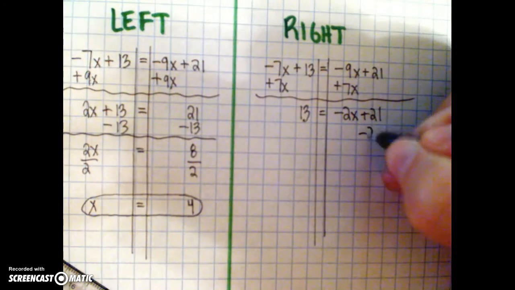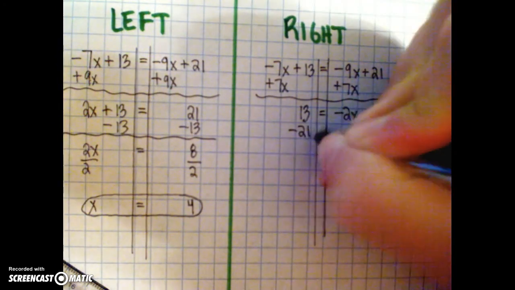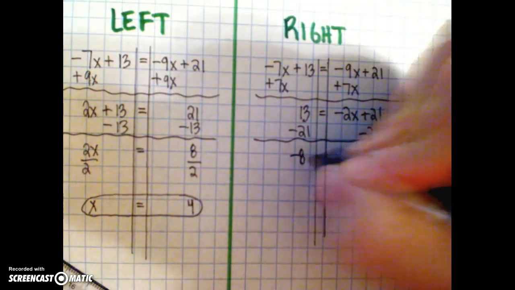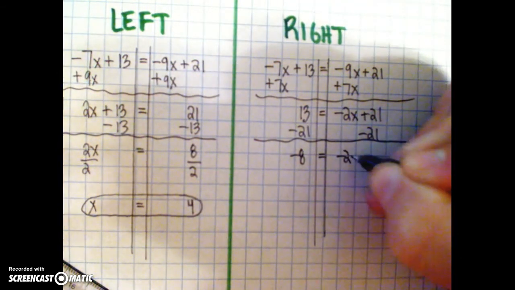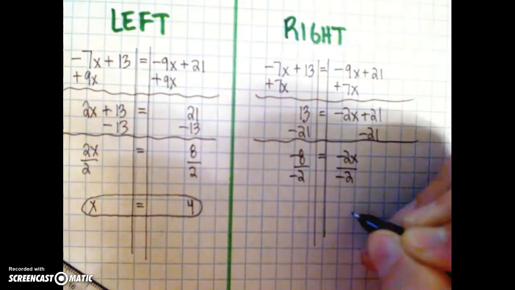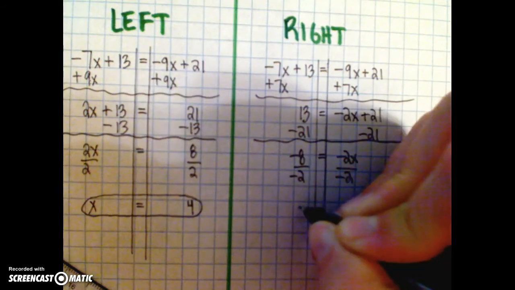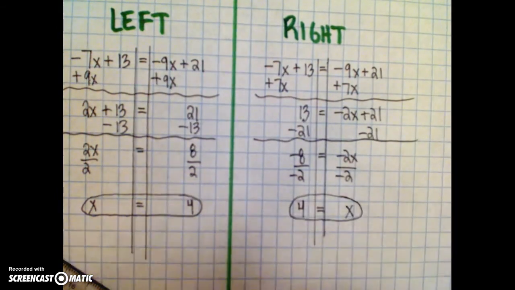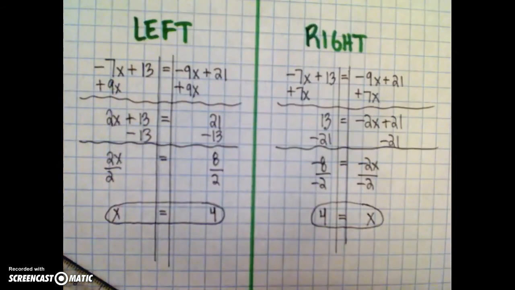Take away 21 from both sides. You'll get negative 8 equals negative 2x. Divide both sides by negative 2. And you'll get x equals 4. Which is the same solution.